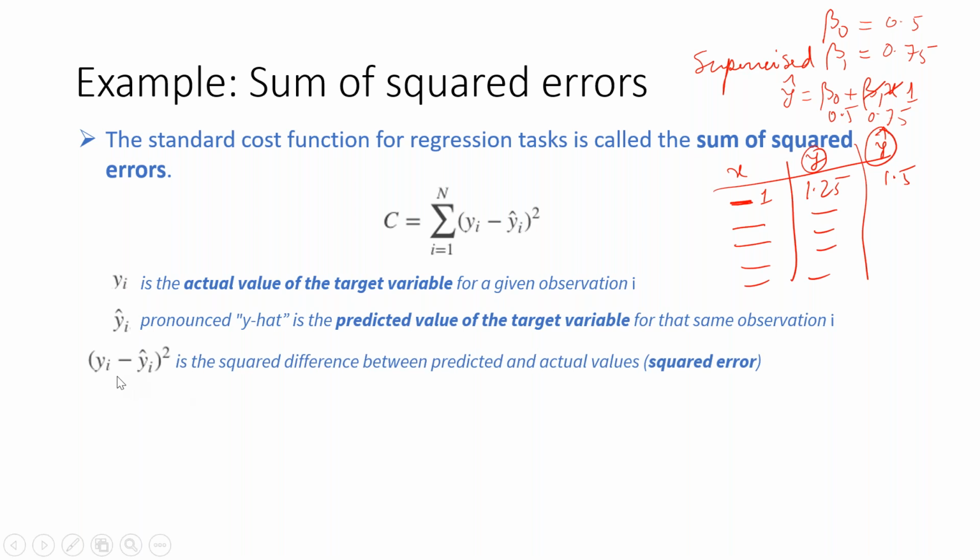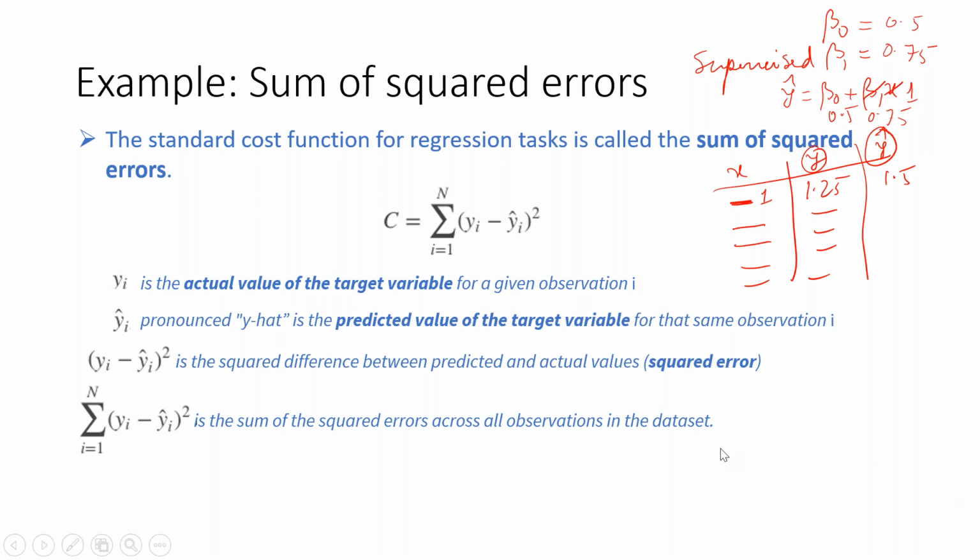Then I use this term, yi minus yi hat squared, which is the squared difference between predicted and actual values. Even if it is negative or positive, I'm making it squared so that I'm overcoming that problem of positives and negatives. And then for all observations, I am summing that. If I have 1000 observations, I am summing all 1000 values of yi minus yi hat squared.